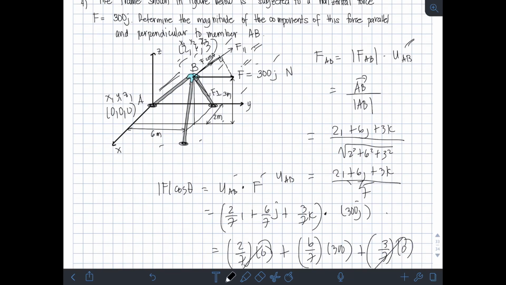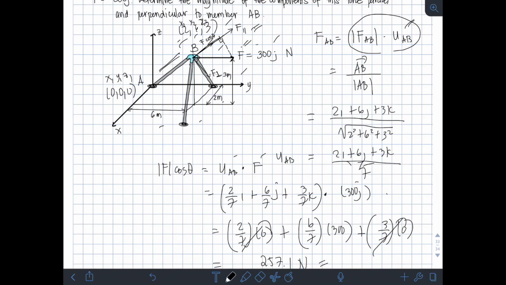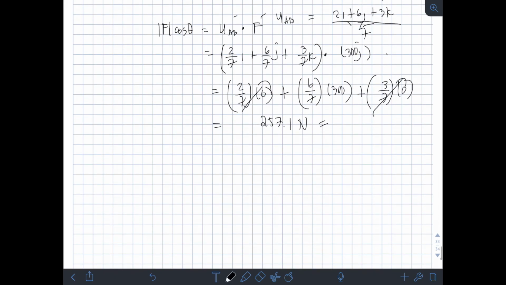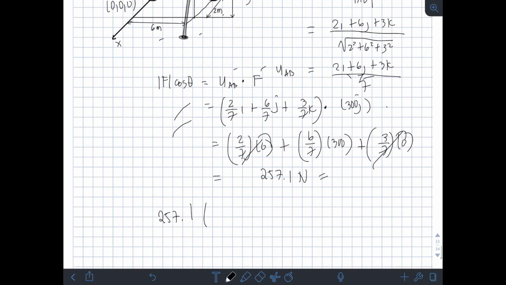Now, how do we find the magnitude of the perpendicular component of force F to member AB? We can now find the vector FAB, or the vector of the parallel component of F. How? Because we had a formula earlier, right? Earlier we didn't have the magnitude of FAB. Now we have it, which is what we got, 257.1. Then we multiply it by the vector UAB, which is 2 over 7i plus 6 over 7j plus 3 over 7k. So this is F parallel, right?